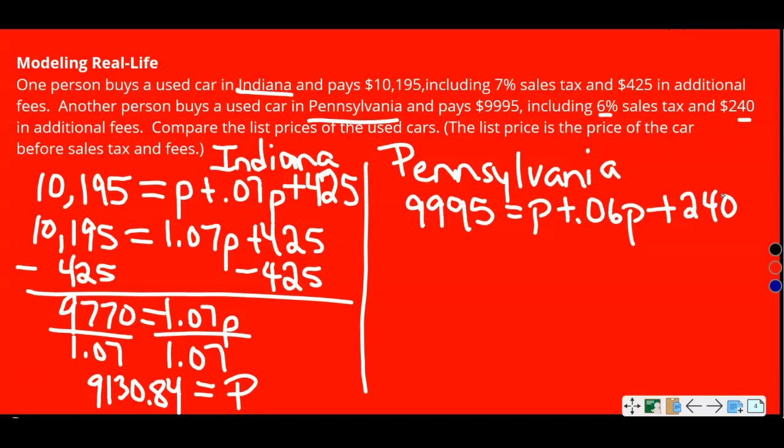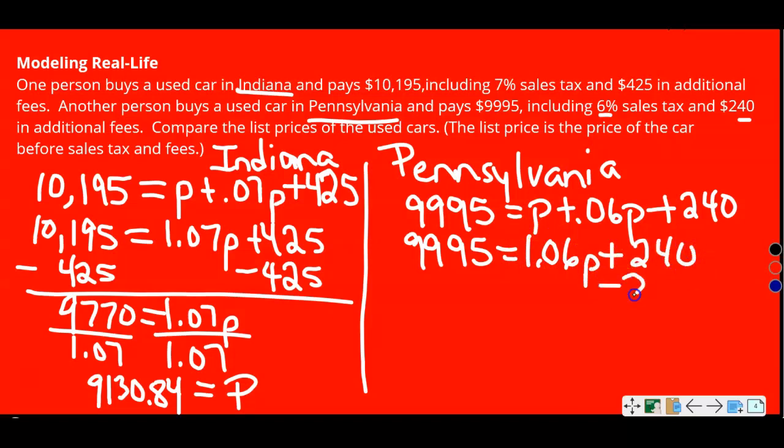All right, we're going to do the same thing we did on the other side. We're going to combine like terms. 1p plus 0.06p is 1.06p plus $240. Let's subtract 240.